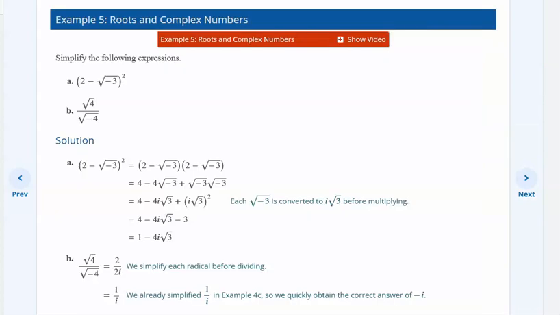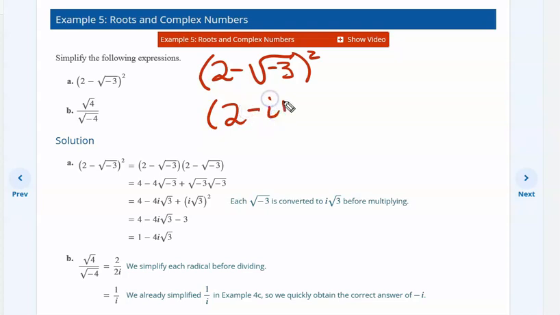Not true. Again, if you're keeping numbers, this is example 5, and we are to square this. Now, the key here, I think, would be to convert this into its imaginary form, which would be 2 minus i, the square root of 3, squared.